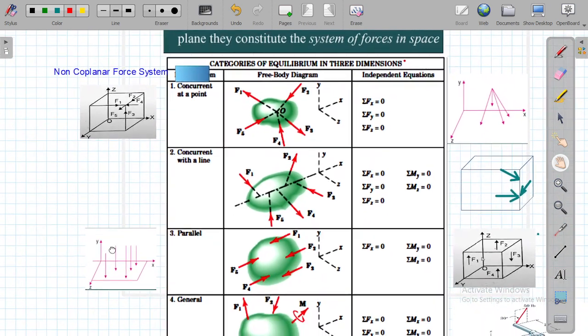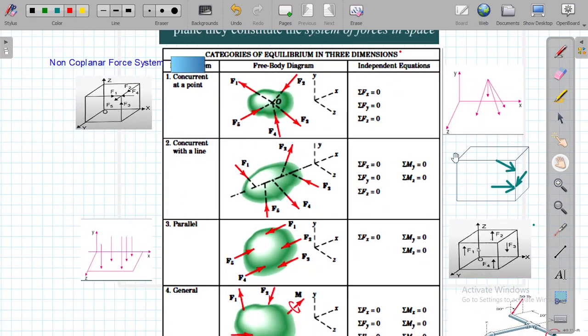So let's go to another example. We again say that our system is a non-coplanar force system which is parallel. Okay, you can say non-coplanar parallel force system. Again, if you look at this generic body, you have seen many forces here: F1, F4, F2, F3, F5.